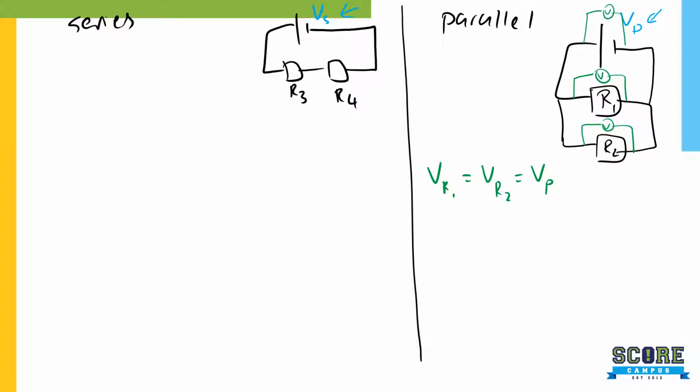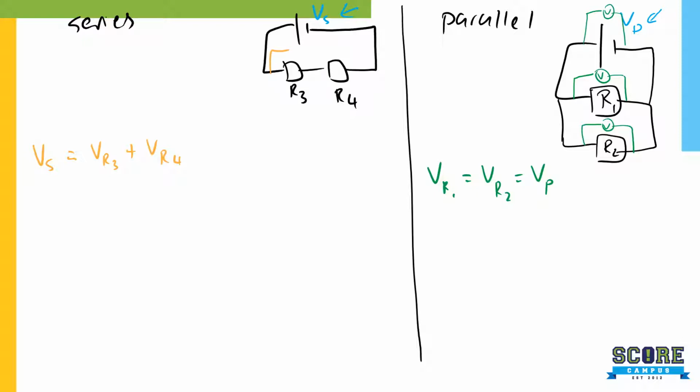In a parallel circuit, in every branch, the voltage will be the same. Now, there will be instances when it's not the same even though it's a parallel circuit. That's advanced level, but this is just the concept. Now in a series circuit, however, Vs equals VR3 plus VR4.